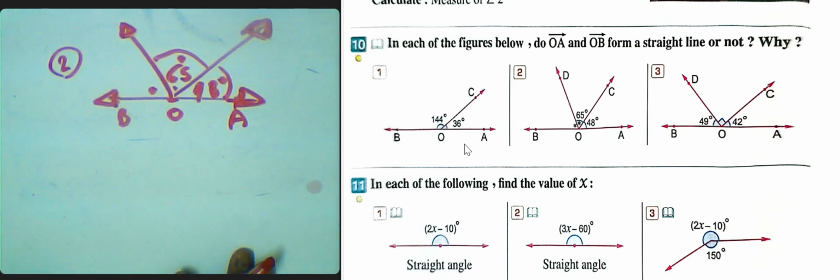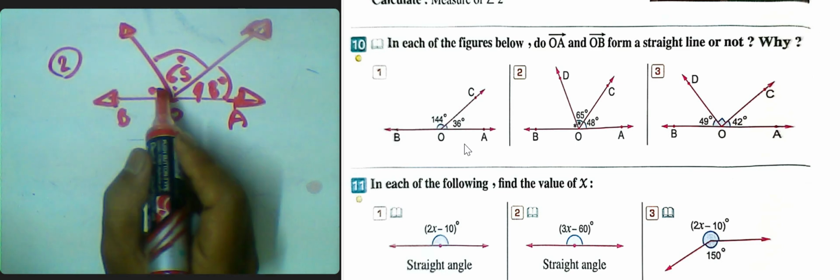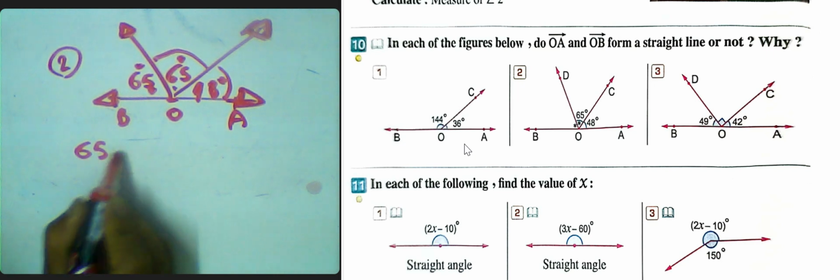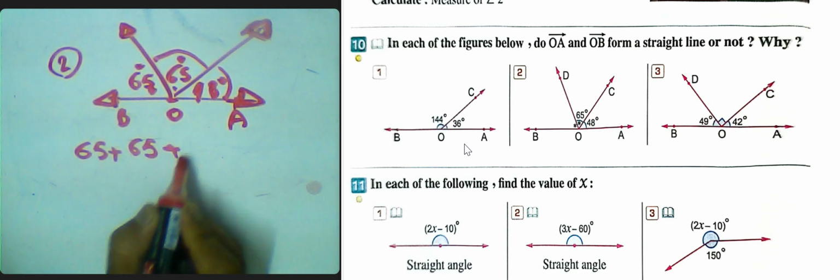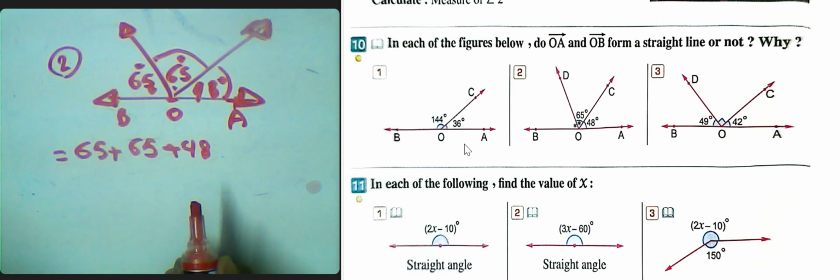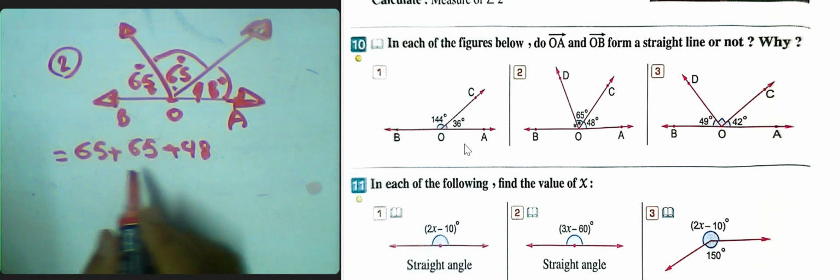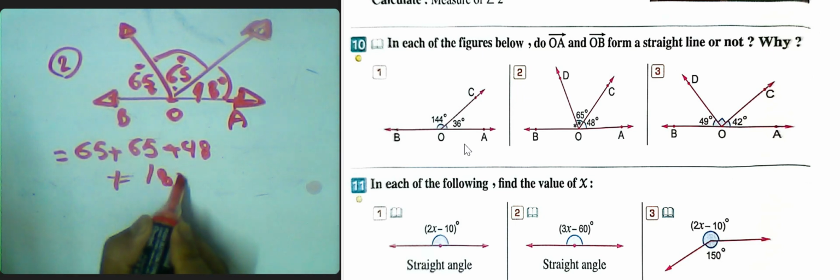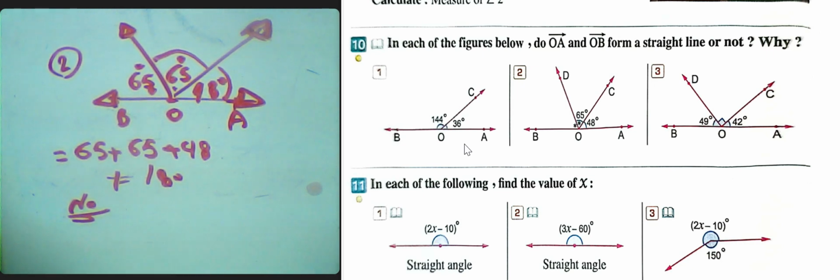We want to check whether OA and OB form a straight line or not. We have the bisector here. This angle will be 65 and this angle is exactly 65. We can write 65 plus 65 plus 48 equals, the result is not 180. Then OA and OB do not form a straight line, because the result is not 180.